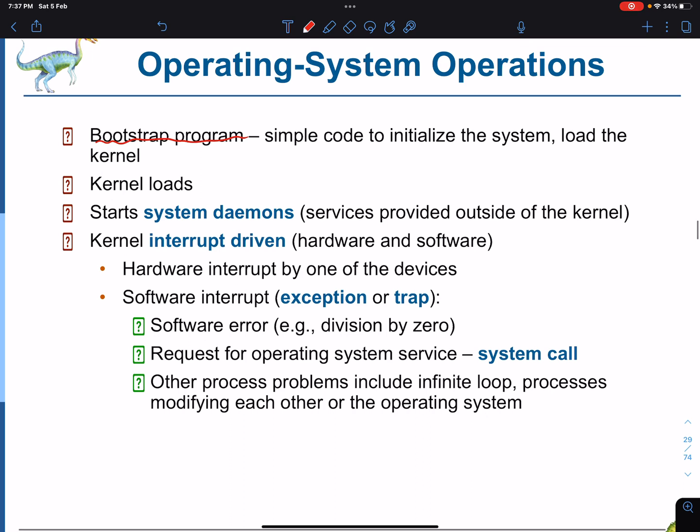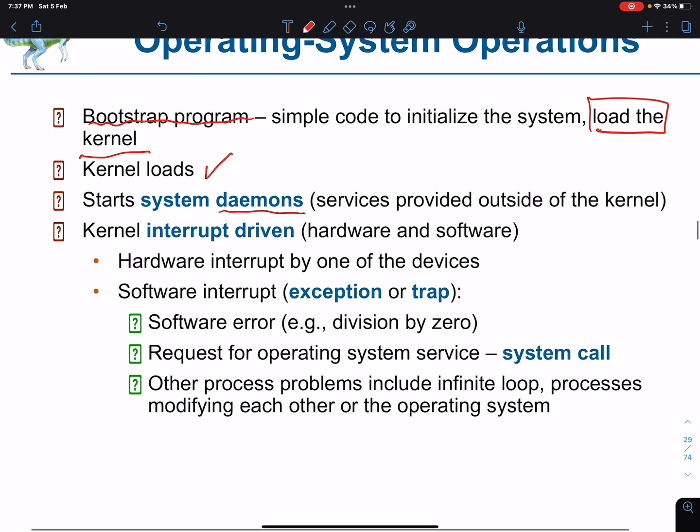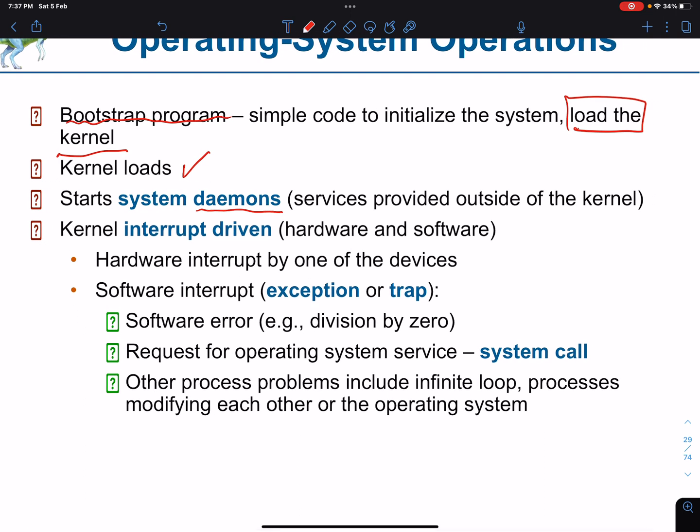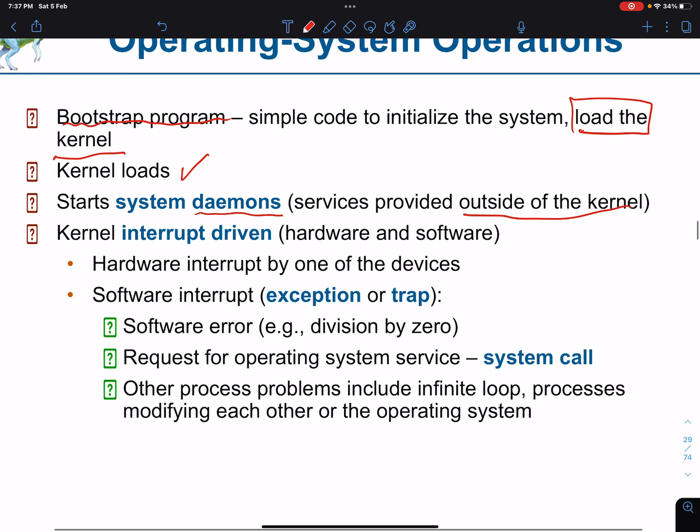So it basically loads the kernel, okay? Then the kernel loads. When it does, you start the system daemons. Those are services provided by the operating system, okay, by the kernel, but they're not part of the kernel.